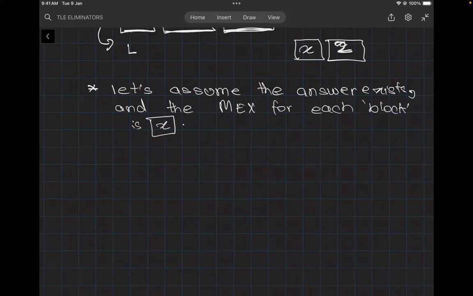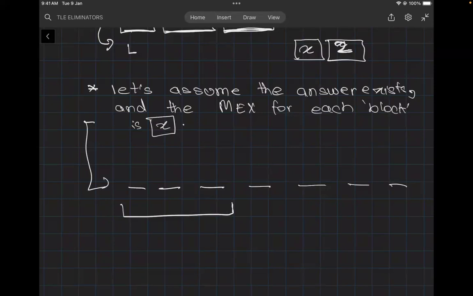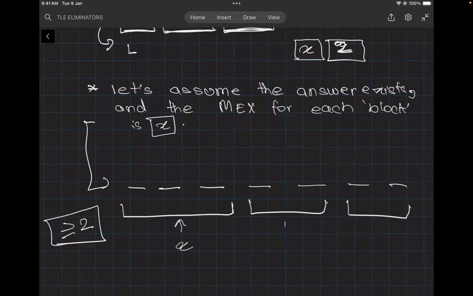What does this mean? This means that I have an array, and I can break it into 2 or more subarrays such that the max of each subarray is x. Is this much clear? Put a yes in the chat if this much is clear. I want to teach you all how to think mathematically. This is the mathematical statement, and this is what I'm trying to make you all think.